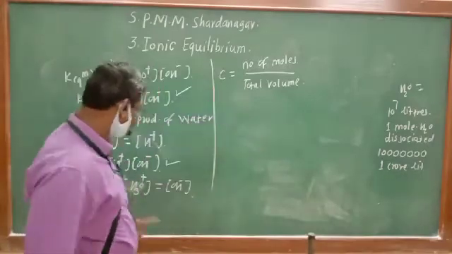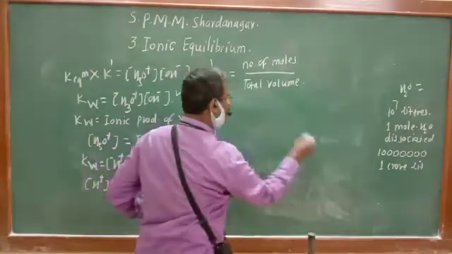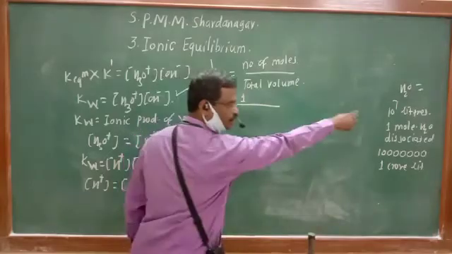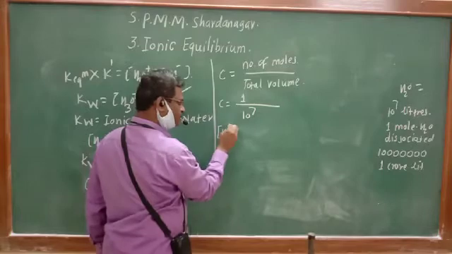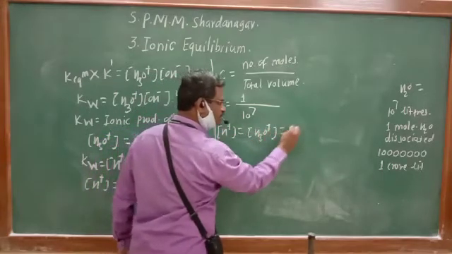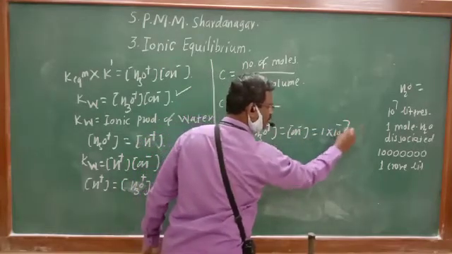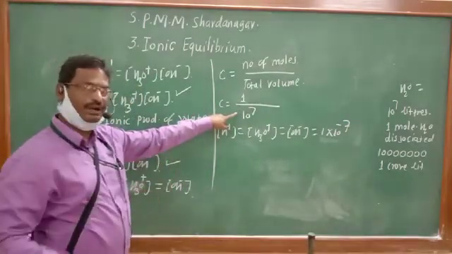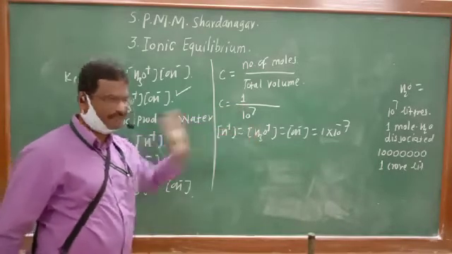So what is the number of moles of H plus or H3O plus or OH minus? From that data, it is equal to 1, divided by the total volume, 10 raised to 7. Therefore, the concentration of H plus is equal to the concentration of H3O plus, which is equal to the concentration of OH minus, and that is equal to 1 into 10 raised to minus 7. Inverted, taken at the numerator, this becomes 1 into 10 raised to minus 7.